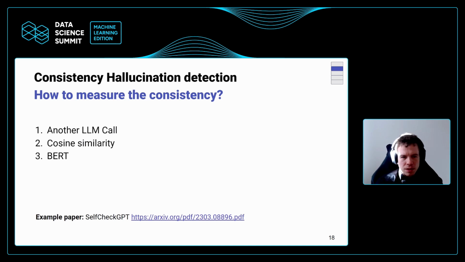Another option, much simpler, but not necessarily that great, is cosine similarity. There's recently been a bit of controversy in terms of whether we can actually use cosine similarity to evaluate whether two texts are similar, but it works well enough. So basically, we're going to embed all the answers, and we're going to compare similarity in the embedding space.